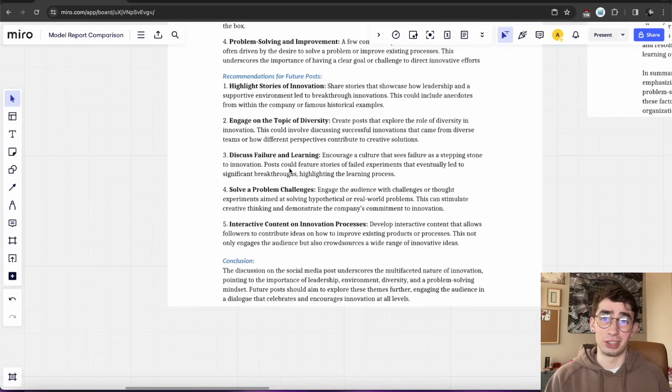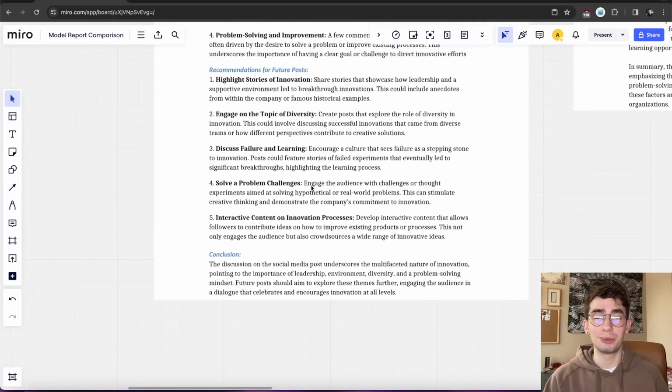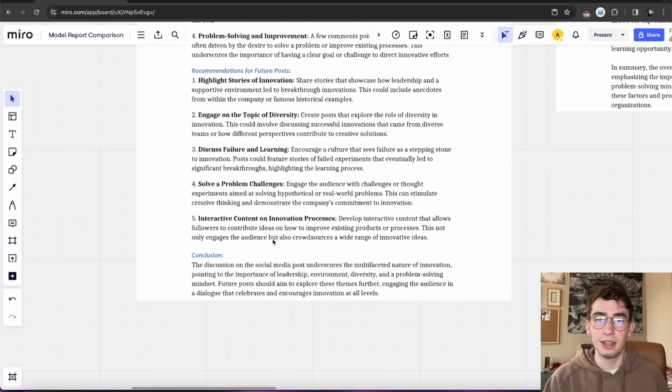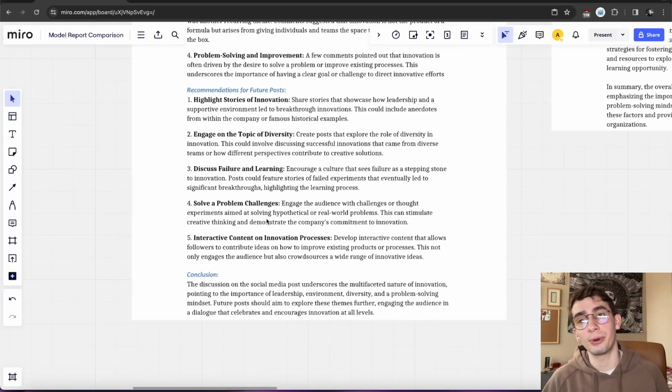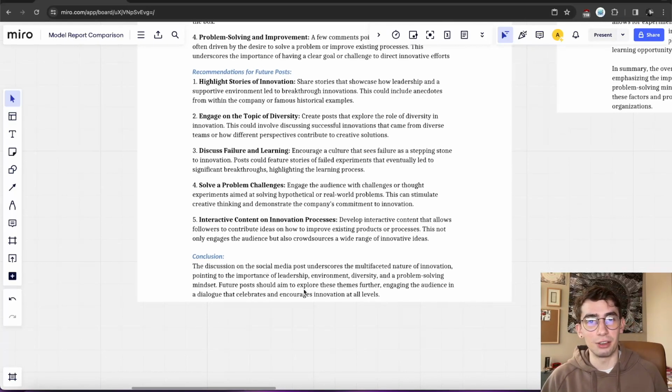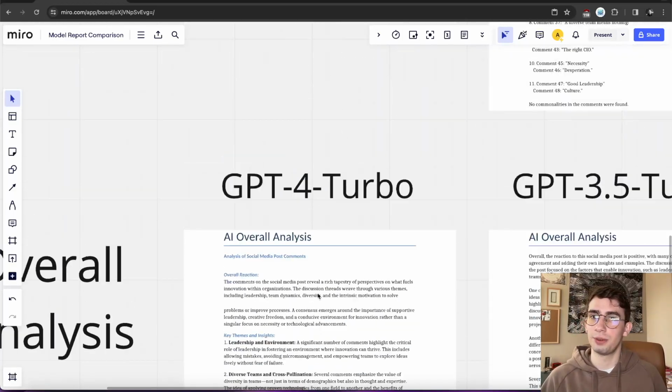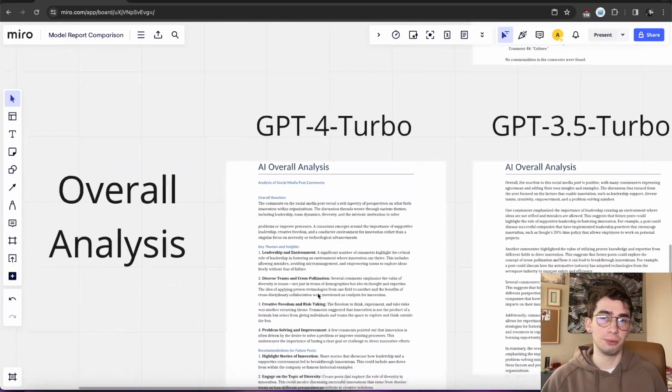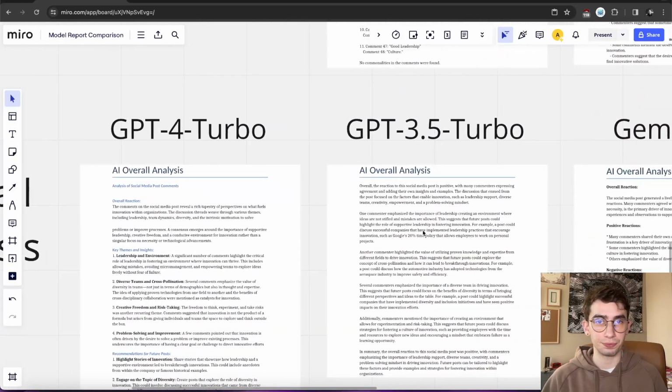Things like failure and learning, pretty good. Solve-a-problem challenges are pretty nice. I do think this 5th one, interactive content on innovation processes, is a little bit redundant. "Develop interactive content" isn't a very good recommendation, I would say, but these first 4 are pretty decent, and it gave me a short little conclusion. So overall, GPT-4 Turbo did a pretty decent job.